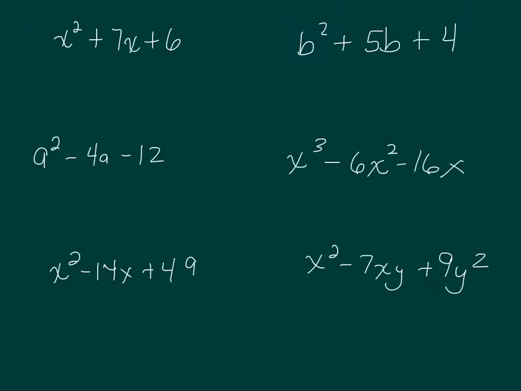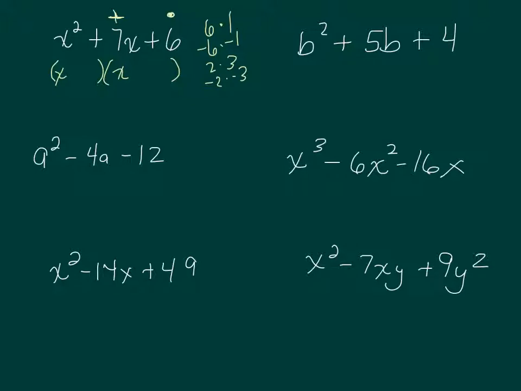So let's first look at x squared plus 7x plus 6. Nothing in common. I don't have 4 terms, so I go on to step 3, and I'm going to write x and x in parentheses. And what I need to do is find two numbers that when I multiply them together, I get 6, and when I add them together, I get 7. Alright, let's see. 6 times 1, negative 6 times negative 1, 2 times 3, negative 2 times negative 3.